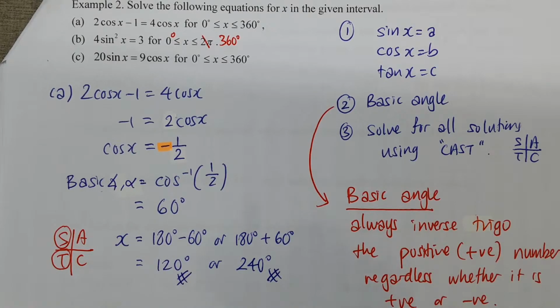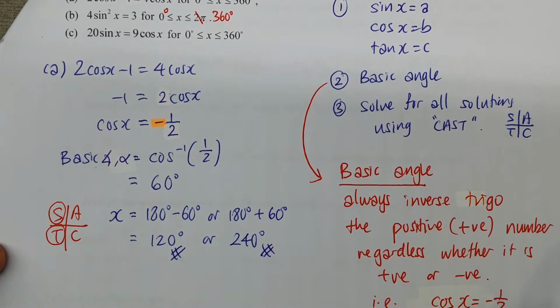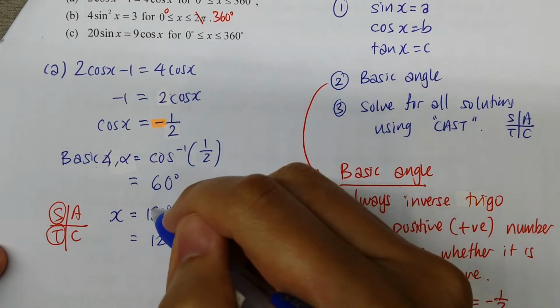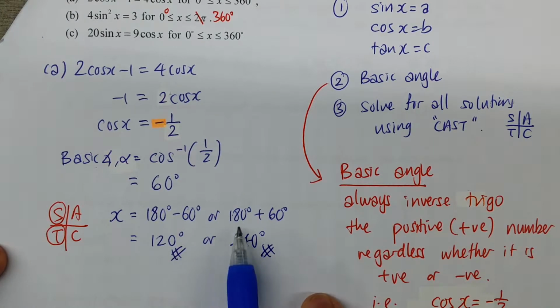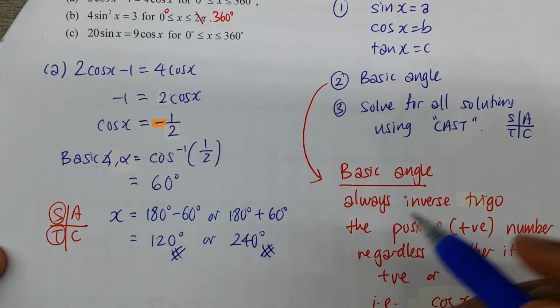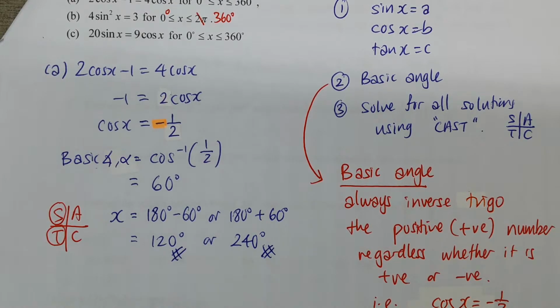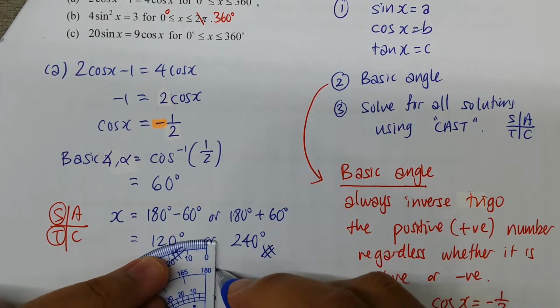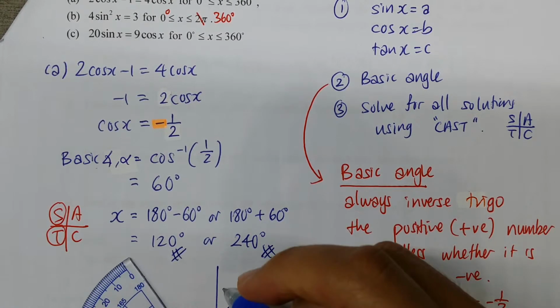Is it so far so good? If you need a reminder why Mr. Liu used 180 minus 60 and 180 plus 60, you can just recall the ASTC for the alpha in different regions earlier on. Let's say I draw a triangle.